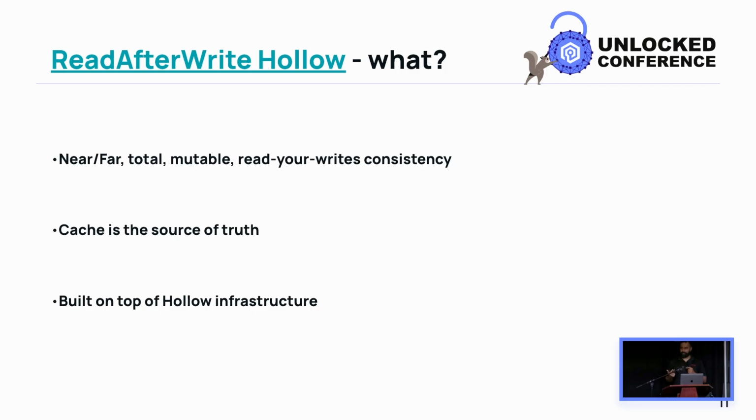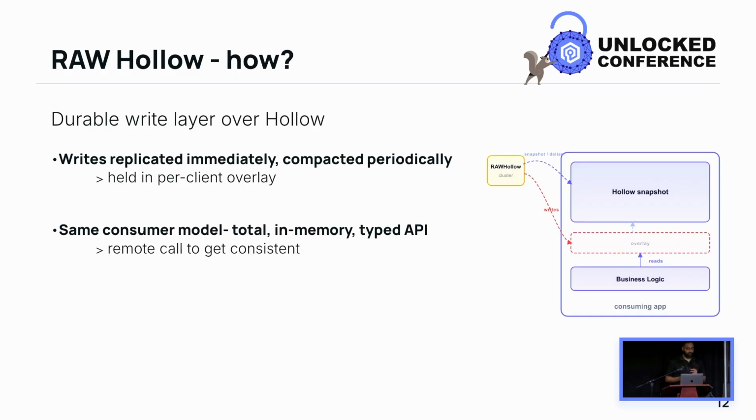It's total in-memory and versioned, same as Hollow, but mutable, with read-your-writes consistency. And this property makes the cache also capable of being the source of truth. There's no separate database. It's built on top of the same Hollow infrastructure.